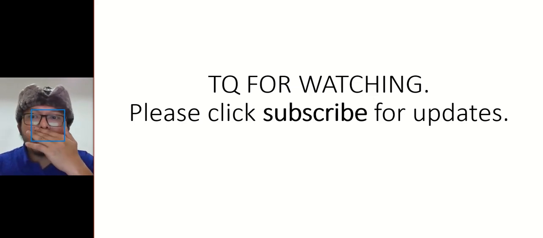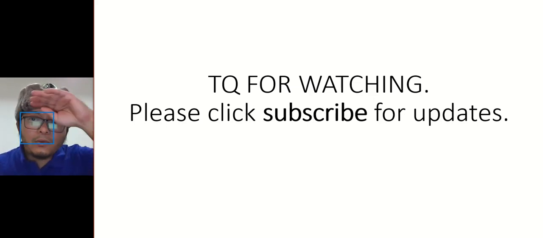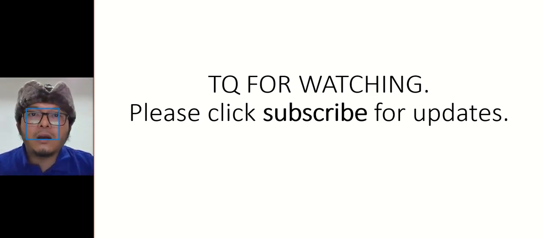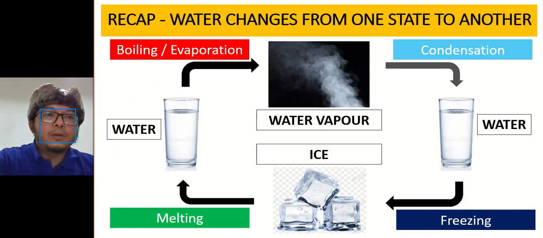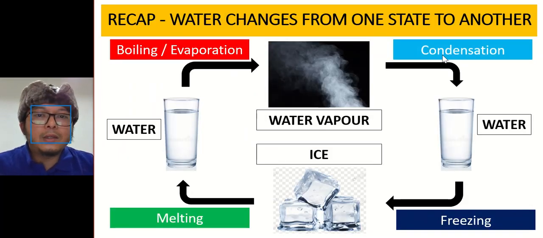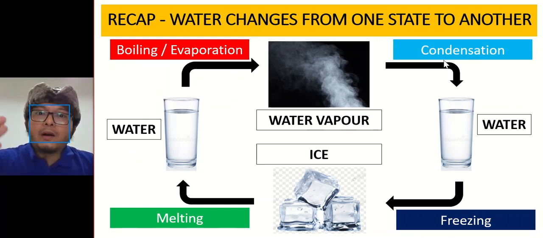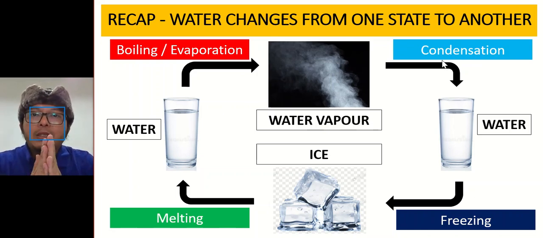Now our sweat, if you are sweating, that is not condensation. Let's check again one more time. Condensation is when water vapor or steam touches or reaches a cold area or cold object.